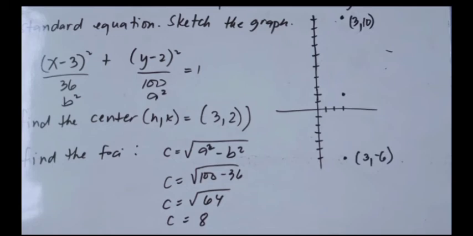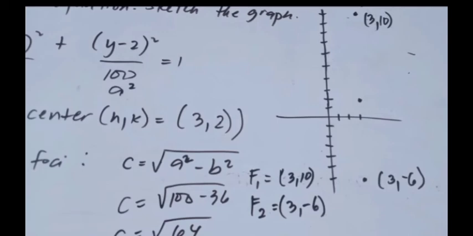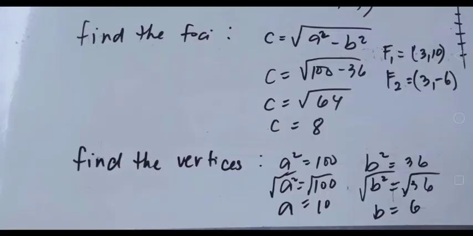Then 8 units below our center: 1, 2, 3, 4, 5, 6, 7, 8. That is at coordinates (3, -6). So be careful in placing the coordinate points. That is the graph of our foci 1 and 2, at points (3, 10) and (3, -6).